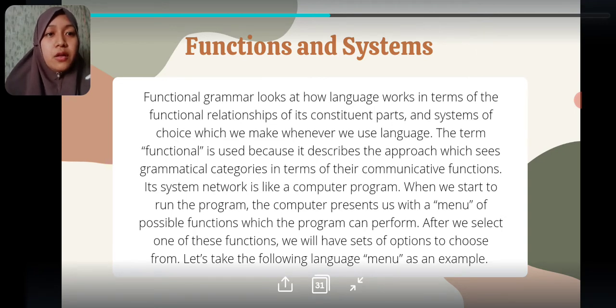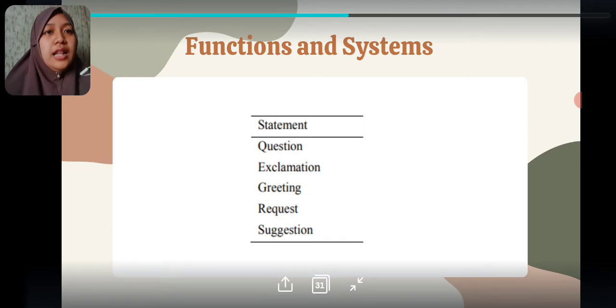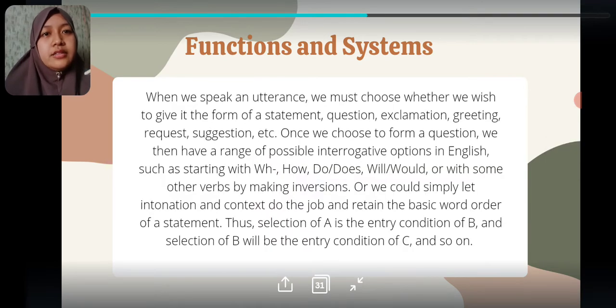Let's take the following language menu as an example. Now, this is like a menu when you start a computer. And then when we speak an utterance, we must choose whether we wish to give it the form of a statement, question, exclamation, greeting, request, suggestion, and so on.